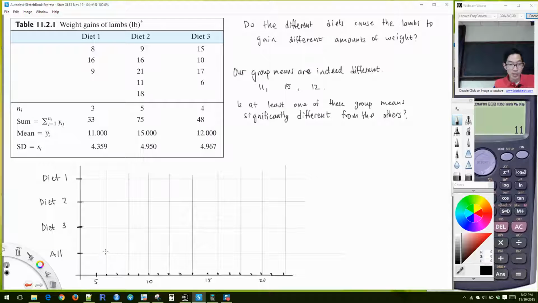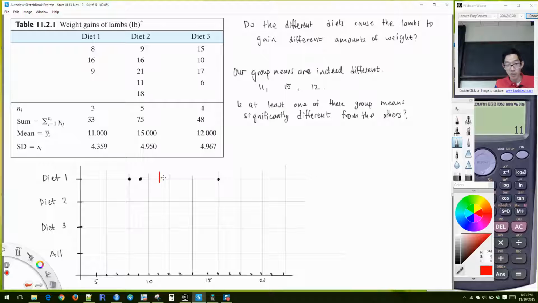On diet 1, we have a lamb that gained 8 pounds, a lamb that gained 16 pounds, and a lamb that gained 9 pounds. The mean of these 3 lambs, I'll put in a little red line, is 11.